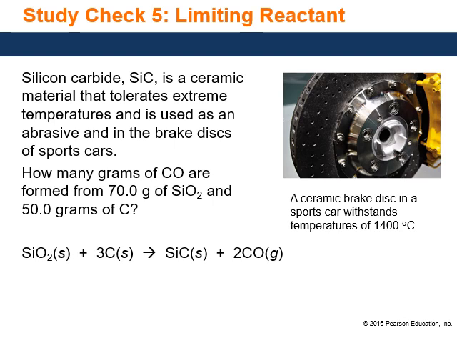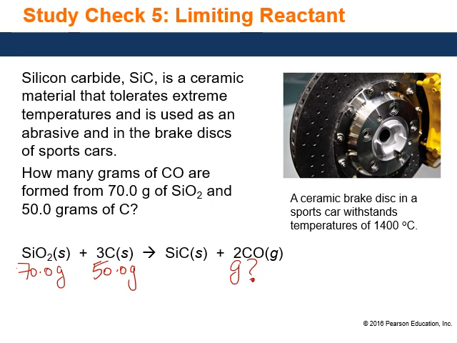Silicon carbide is a ceramic material that tolerates extreme temperatures and is used as an abrasive and in the brake disc of sports cars. How many grams of carbon monoxide are formed from 70.0 grams of SiO2? So question is asking how many grams of carbon monoxide will be formed from 70.0 grams of SiO2 and 50.0 grams of carbon.